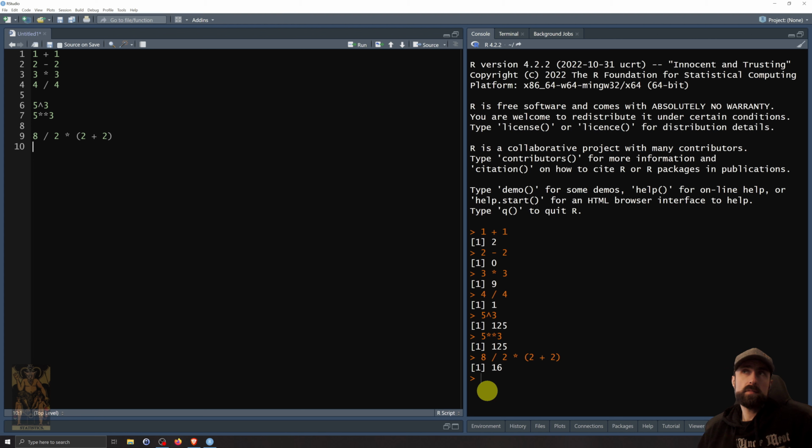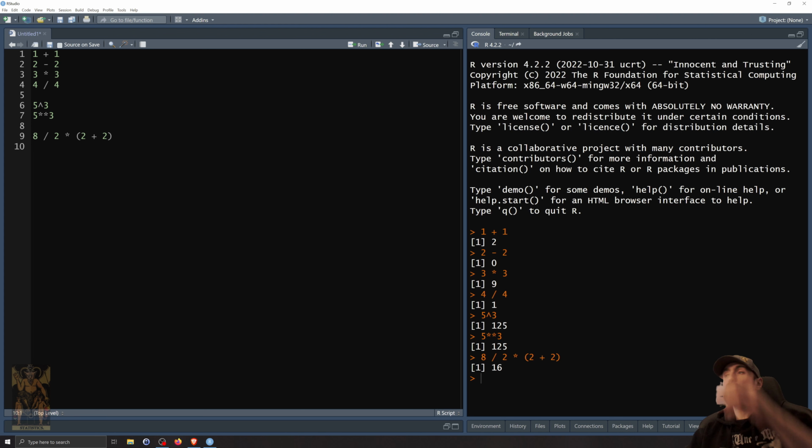Most people understand this. However, what a lot of people don't realize is the order that you multiply and divide in is not actually up to you. You always need to make sure that you calculate from left to right. That's what determines the order that you multiply and divide in. And the same goes for addition and subtraction. So in this case, we actually have to divide 8 by 2 first and then multiply by 4.